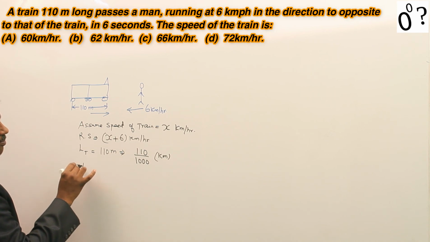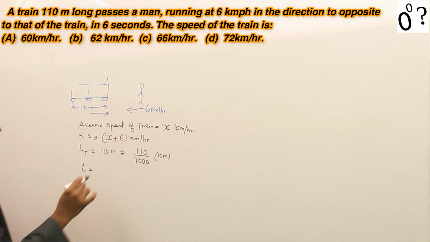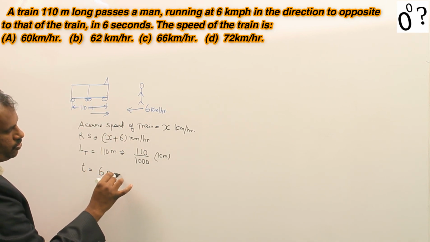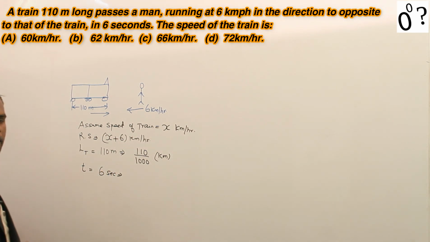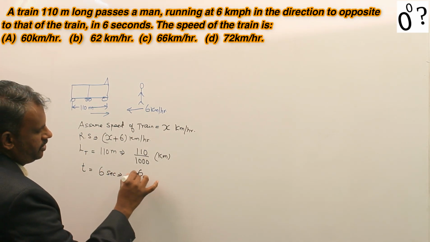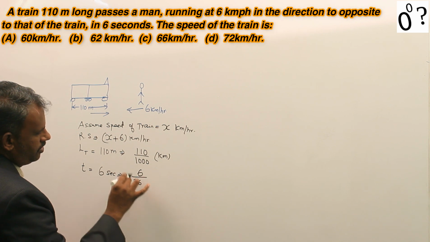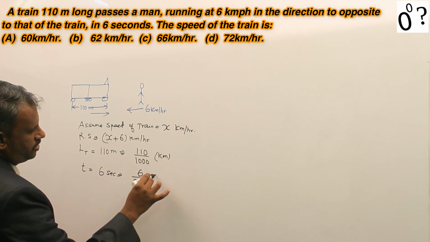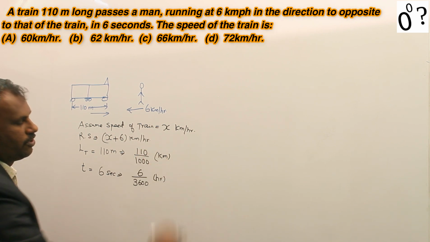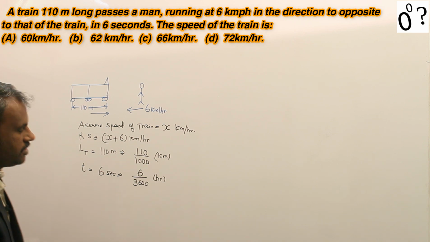And the time taken by the train to cross the man is equal to 6 seconds. So we have to convert these seconds into hour. If you convert these seconds into hour, we have to divide by 3600, so we get hour. We know the formula for speed is equal to distance divided by time.